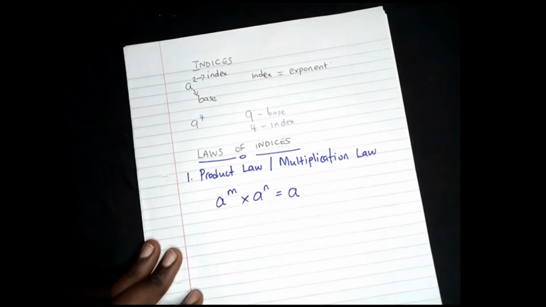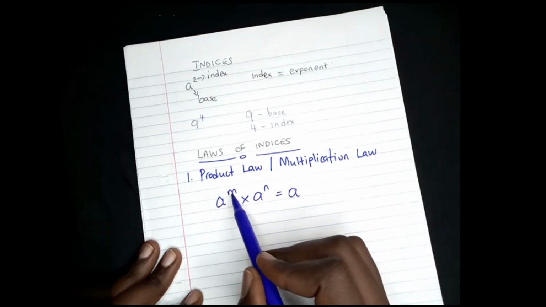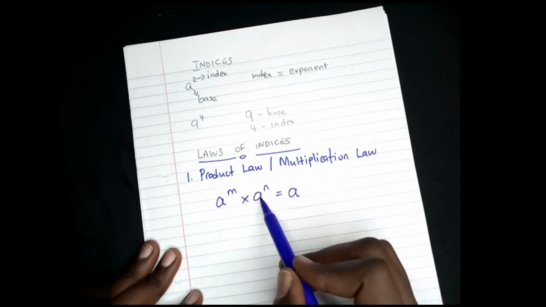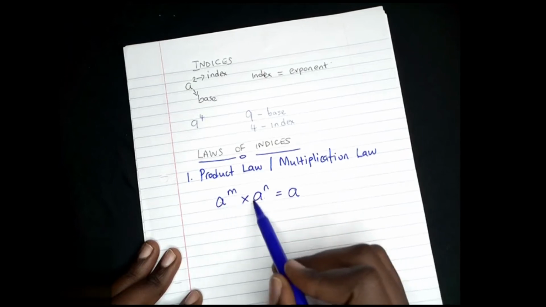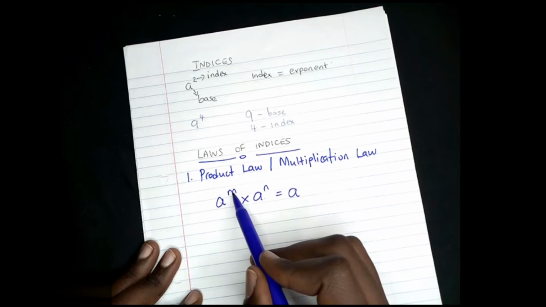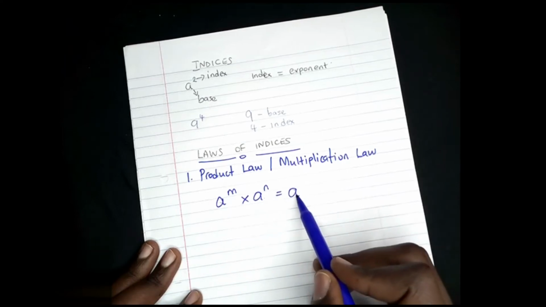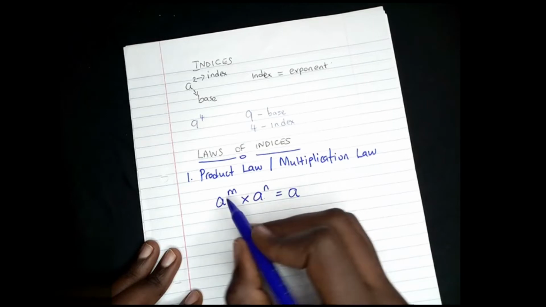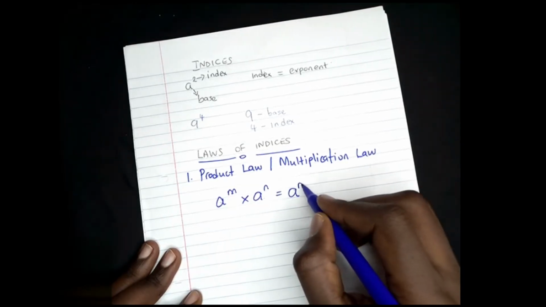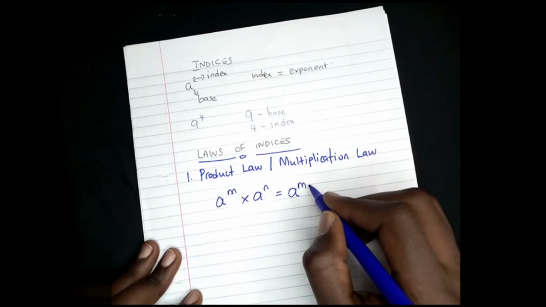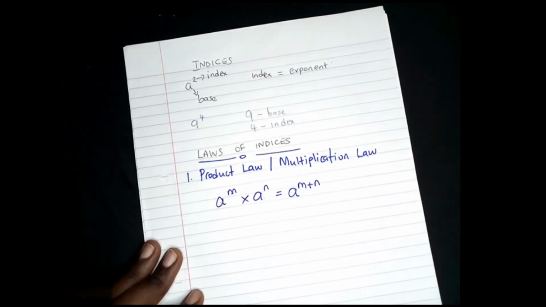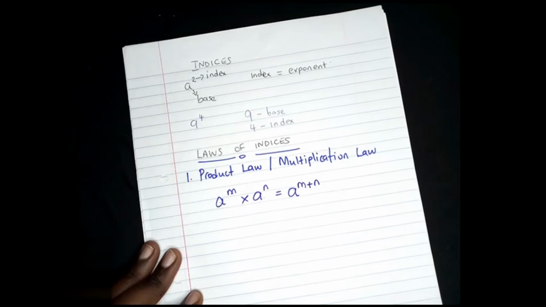You get that same number a, but since the base is the same, we are actually finding the product, what you will do is that you will write the same base here, and then you're going to add the powers, or what we call the index of the numbers. If the base is the same, the indices are added. That is what the product law or multiplication law entails.